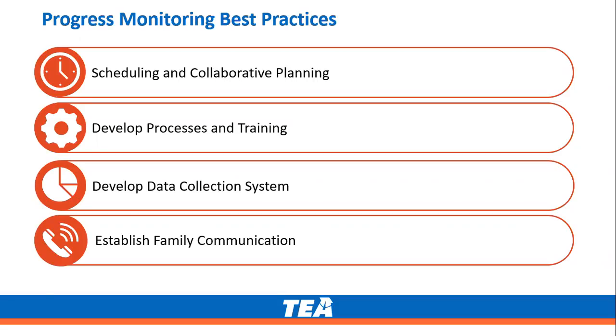Establish family communication. Schools should document communication with families about academic expectations and academic, behavioral, and IEP specific goals and progress monitoring systems. Families can be a wealth of information regarding a student's progress or lack of progress during virtual learning.